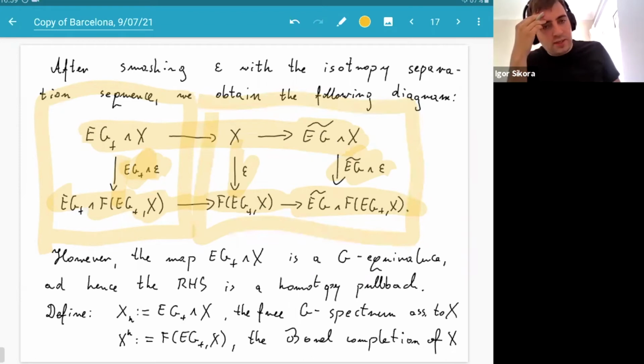Now we will name the entries in this diagram.